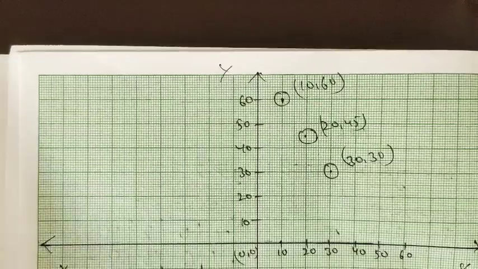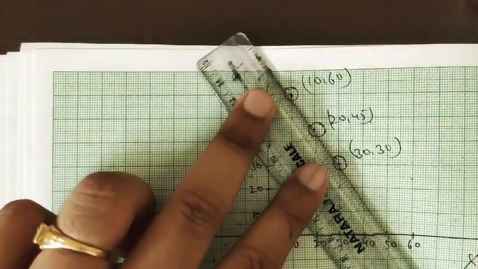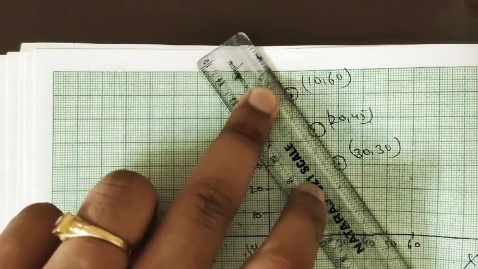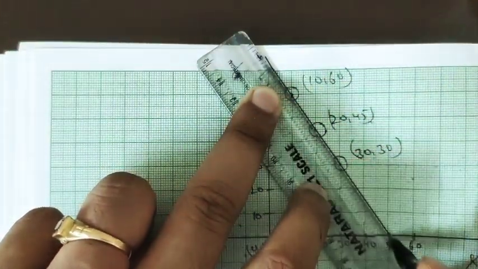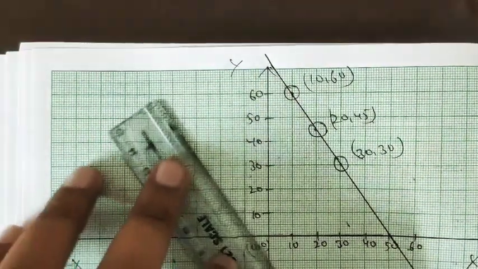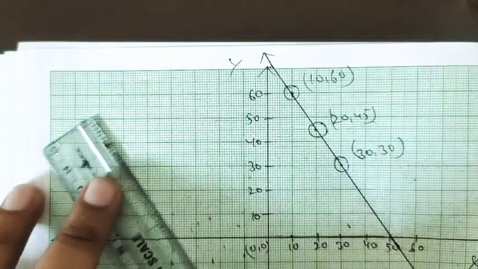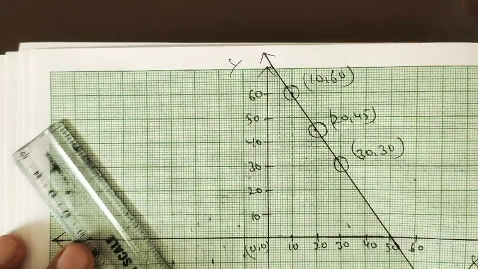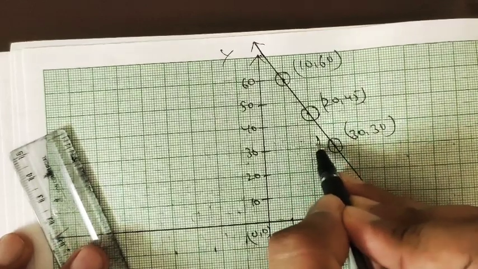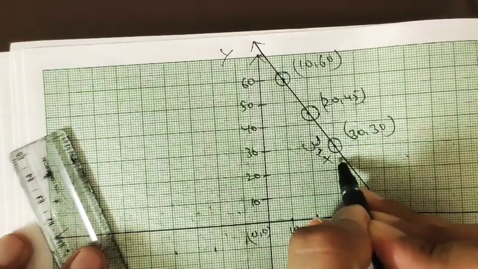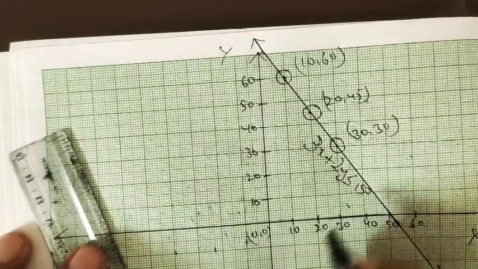So let's just draw this line. Join the points. So the equation of the line is 3x plus 2y is less than or equal to 150.